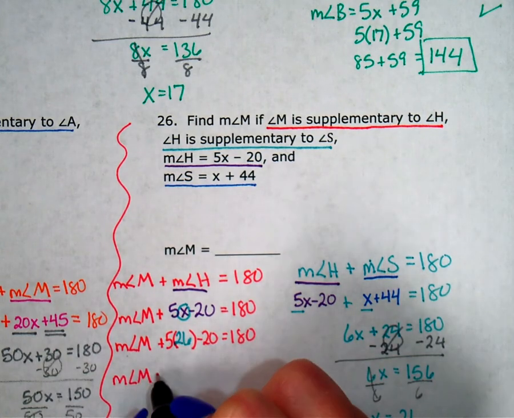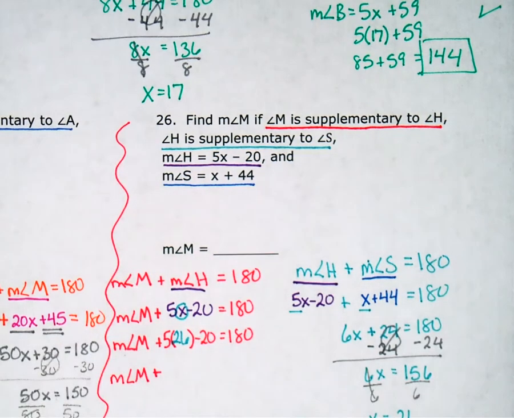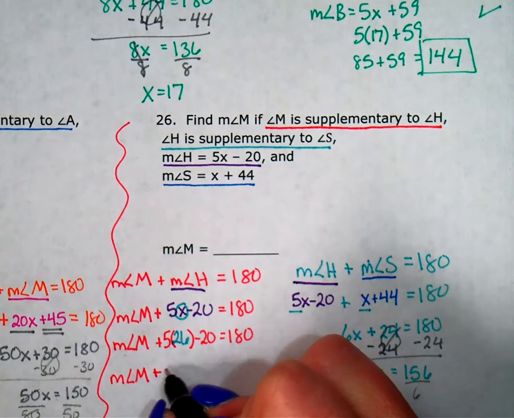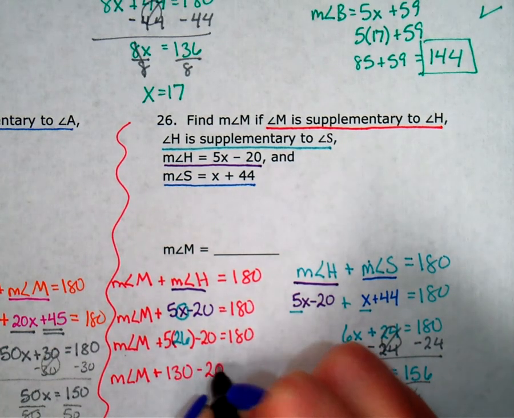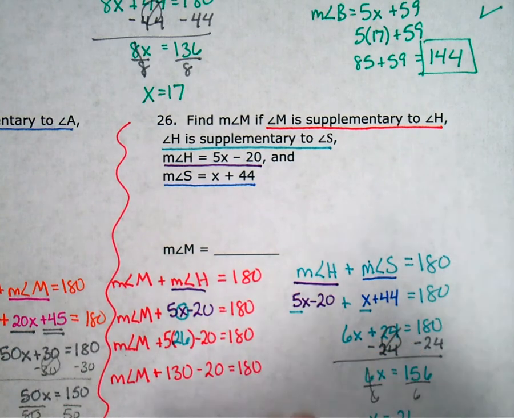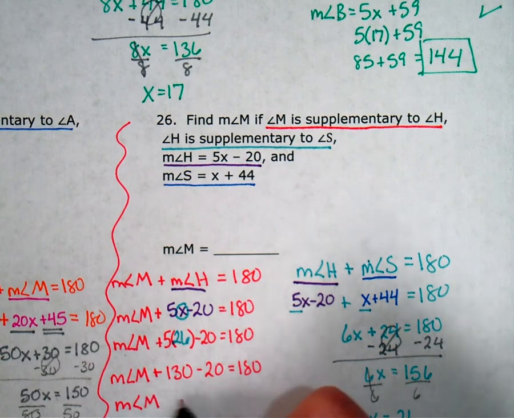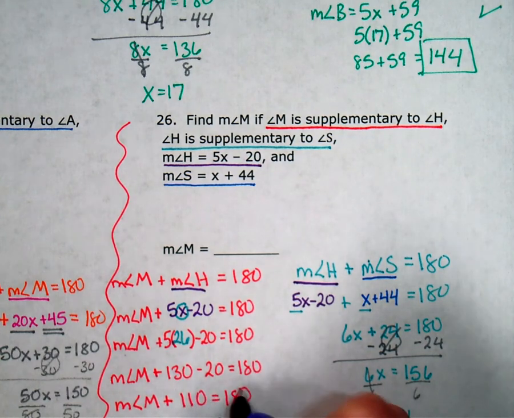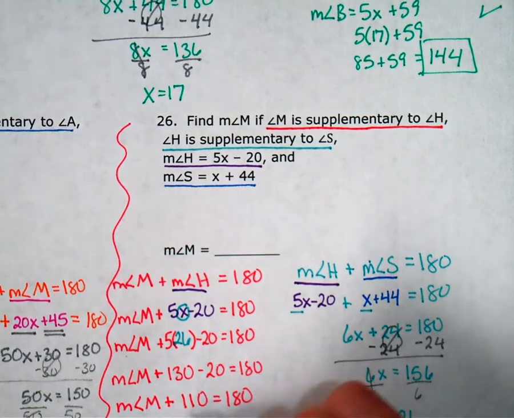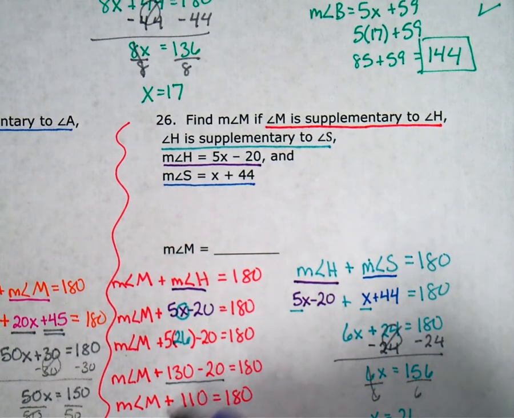So the measure of angle M plus 5 times 26 is 130, minus 20 equals 180. So I'm going to combine these like terms. The measure of angle M plus 110 equals 180. Subtract 110. The measure of angle M plus 0 is just the measure of angle M.